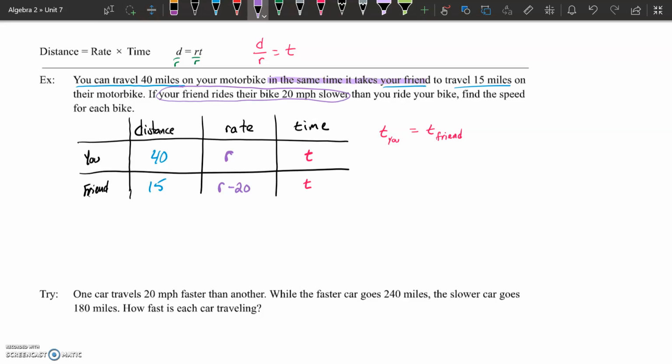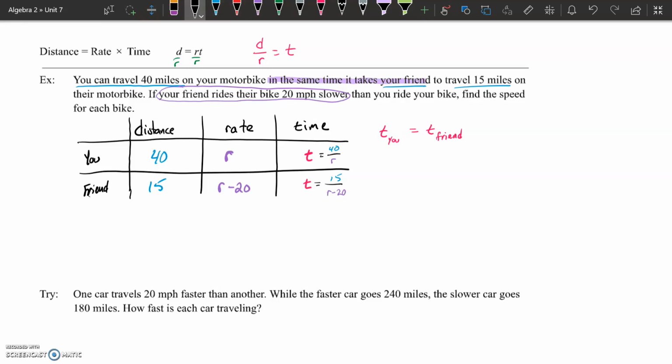Okay? So I'm going to give you a second here to let that sink in. I have enough to set up equations either in D equals RT, but most importantly in T equals D over R. So I know that the time for you is going to be equal to your distance, which was 40 miles, divided by your rate, which is R. I know that for your friend, their time is going to be equal to 15 divided by their rate, which was R minus 20.